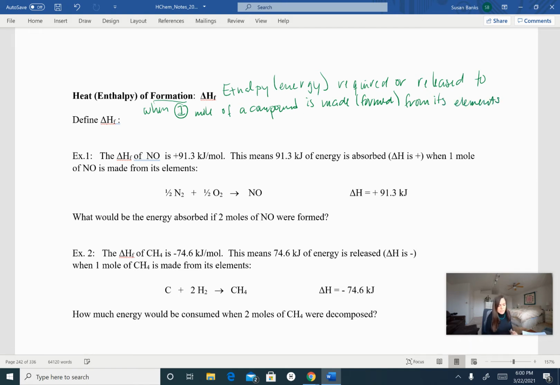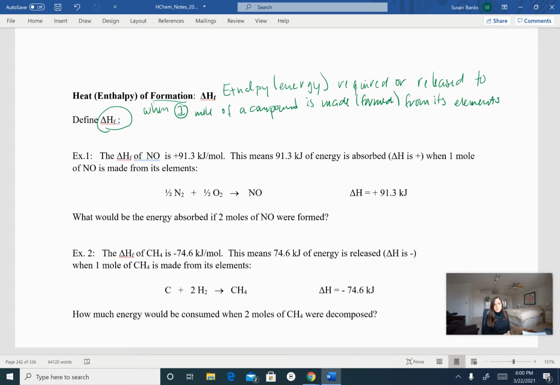Okay, so it's the amount of energy either required or released when 1 mole of a compound is made from its elements. Okay, so that is what delta HF is, and that's the symbol that we use for the heat of formation or the enthalpy of formation.